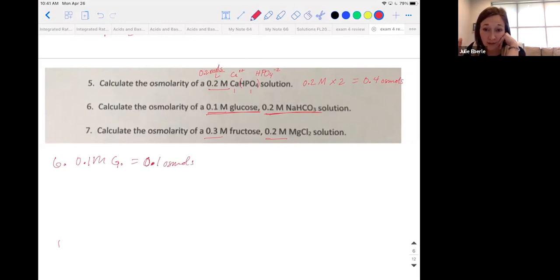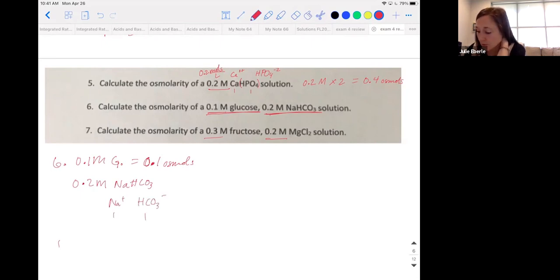Okay, so that's part of it, but we have another compound here. I have 0.2 molar NaHCO3. How many particles would I get from sodium bicarbonate? Yep, Keegan says 2. I'm going to get Na plus, that's 1. I'll get HCO3 minus, that's another 1.